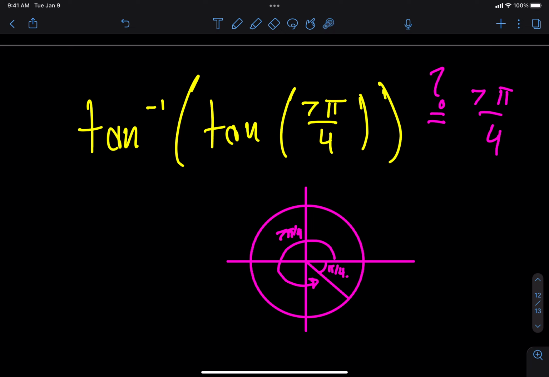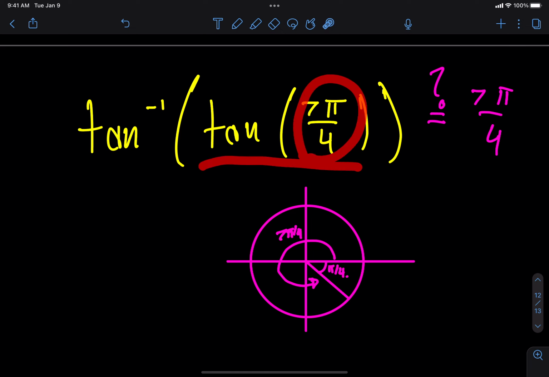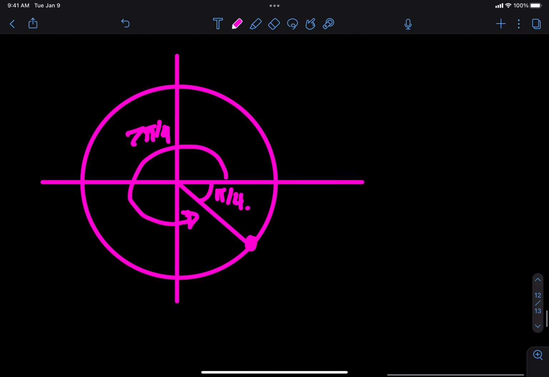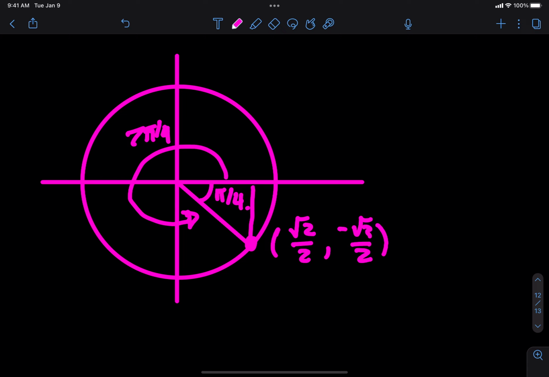So, what is the tangent function's job? You give the tangent function an angle, and the tangent function will give you back what? Y over x of this point. What are the coordinates of this point? Square root 2 over 2 and negative square root 2 over 2. Good. You can memorize that, or you can draw a triangle. If you draw a triangle, this is a 45, 45, 90 triangle.